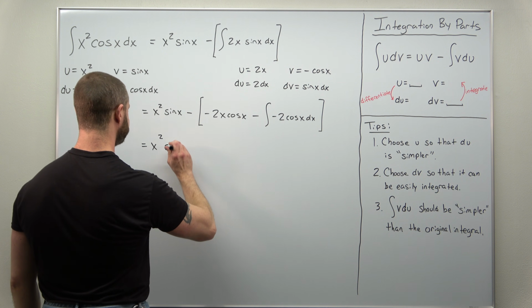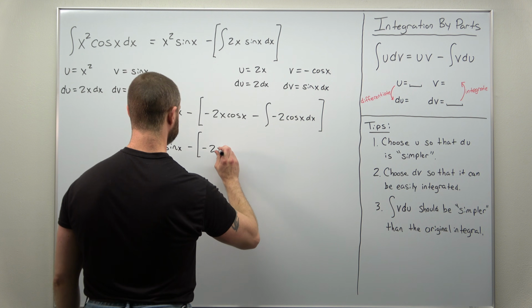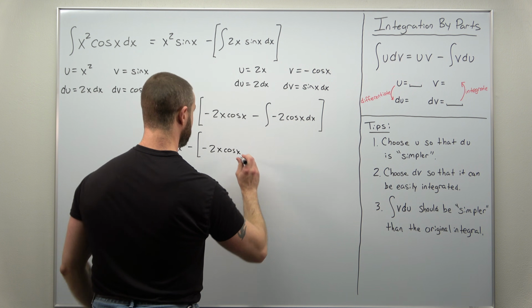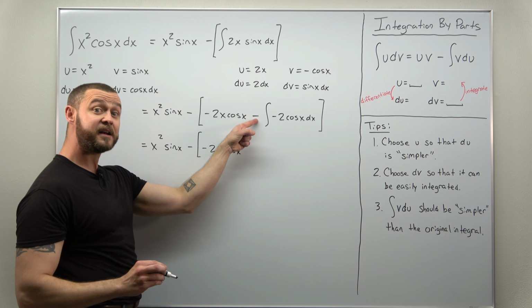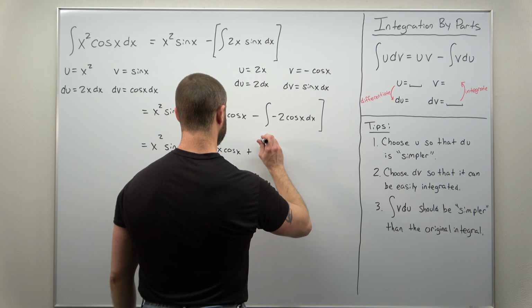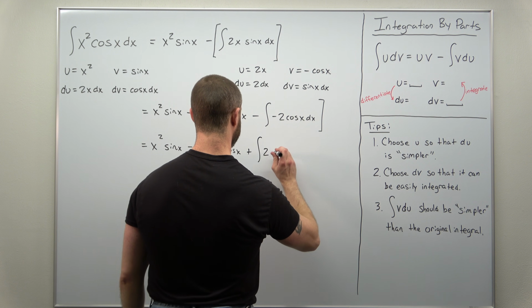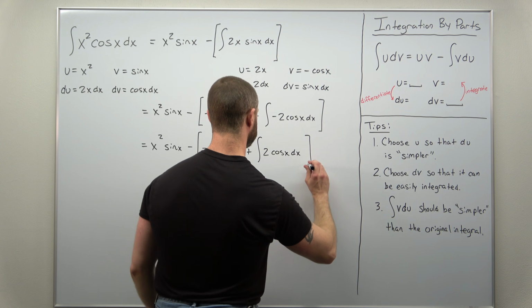Everything else will remain the same. But now bringing that minus in front of the integral, we can cancel the minus between the terms there to write that as now plus the integral of 2 cosine of x dx.